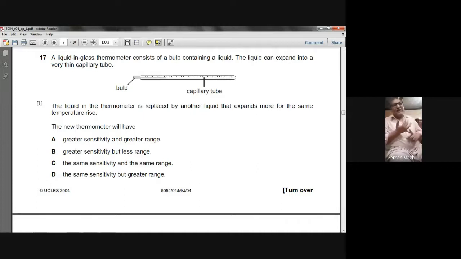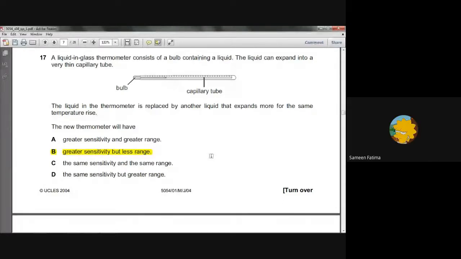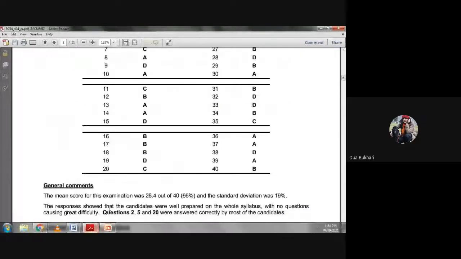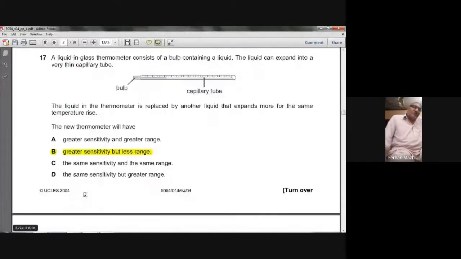So the range will become smaller, but the greater sensitivity will be there. So what do you say? I think B is the right answer. Do you understand this? Yes, sir. Okay, sir, let's check the answer. सर range कैसे कम हो गई? 17B. What do you say?